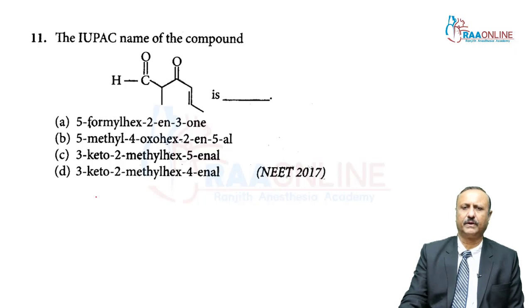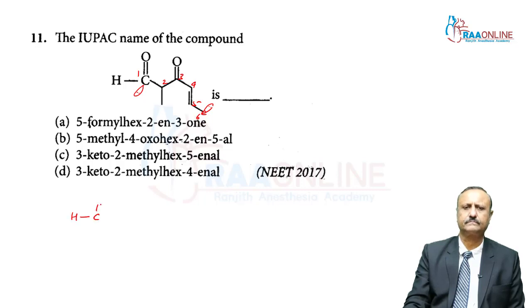The IUPAC name of the compound is, here first of all you can make this in this way. This is 2 here of this carbon atom, 1 here and 1 here. Now, you can trace this, and you can say, if you put the numbering of carbon atoms 1, 2, here 3, 4, 5 and 6, then you can form this compound, my dear students, HC double bond O, this C, and this C is attached with this CH3 group.